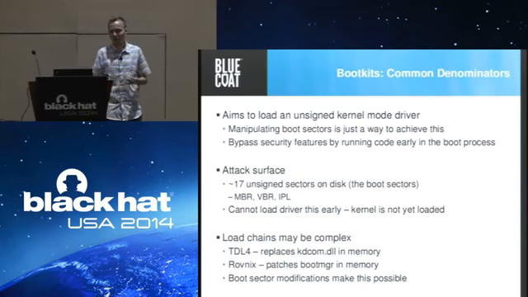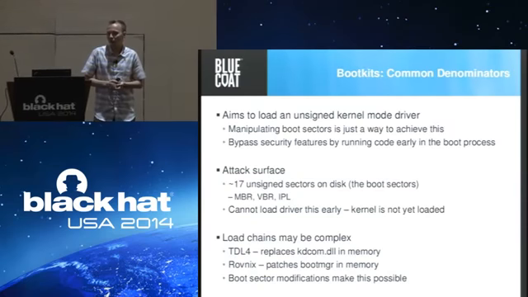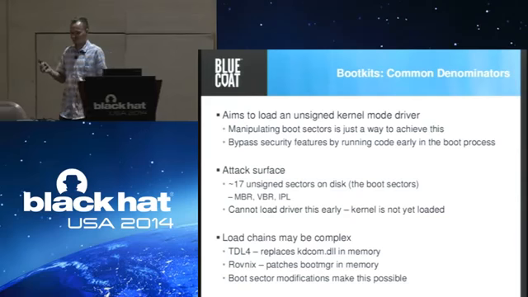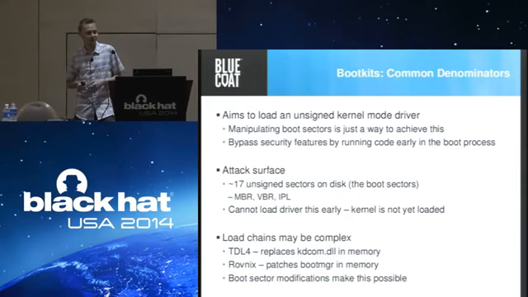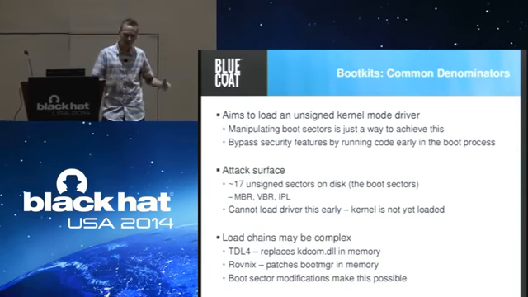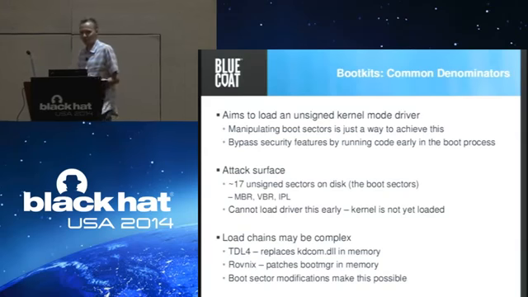A more recent example, Rovnix, did some kung fu patching of the boot manager and then ninja'd its way, using debug registers and whatnot, to crawl itself onto the system. So this all varies, but the common thing is that they must modify the boot sectors. So that's what we focus on.